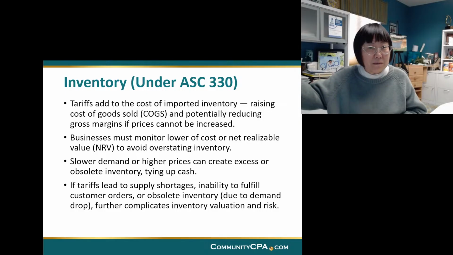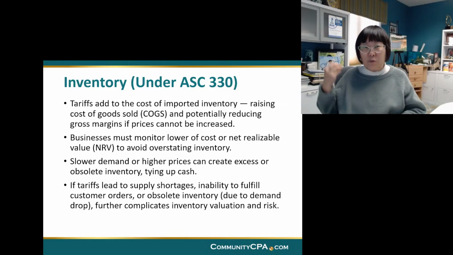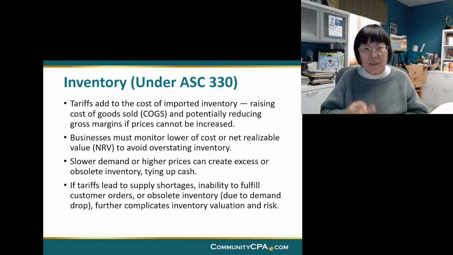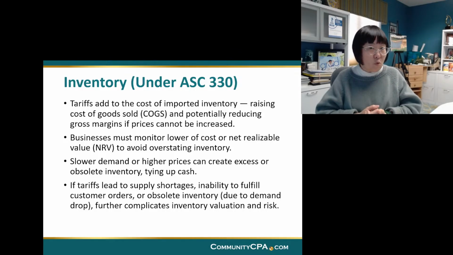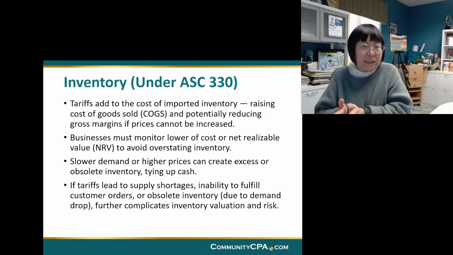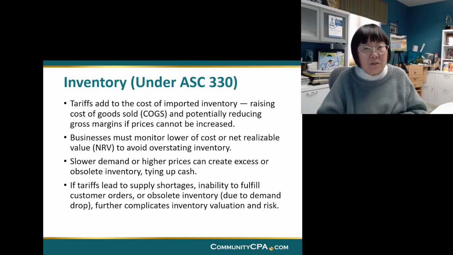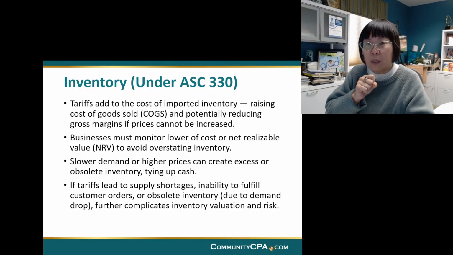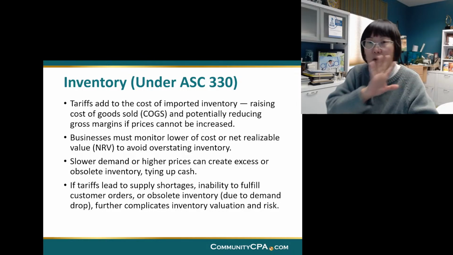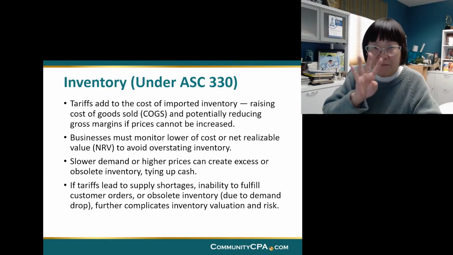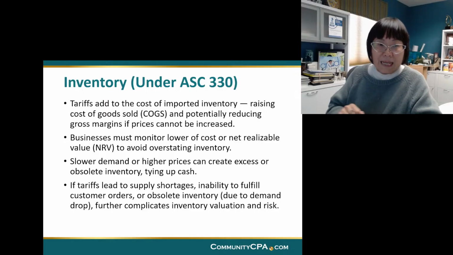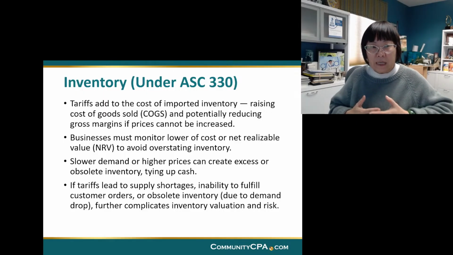If your customer pays $10, and you used to spend $2 importing the item from China, but now with the tariff war you don't go to China to get that item anymore. You go to Brazil, and Brazil costs $6. So your cost is no longer $2. Your gross margin is no longer $8. It is $4. So that is what is going to happen to your inventory, because your gross margin is changing.